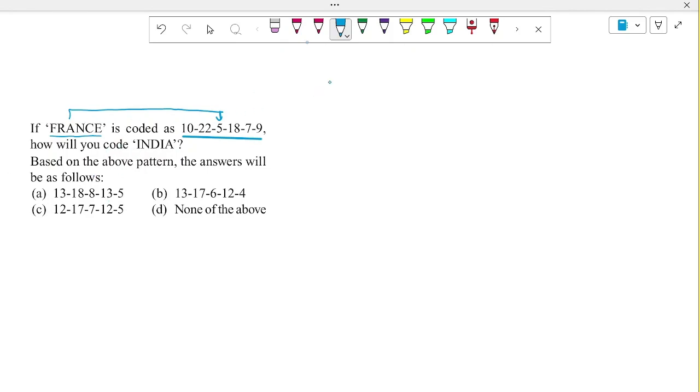So if A is 5, and then I told you observe this C, the starting alphabet. C is 7 and E is 9. So if you observe this carefully, B will be what? 6, D will be 8.